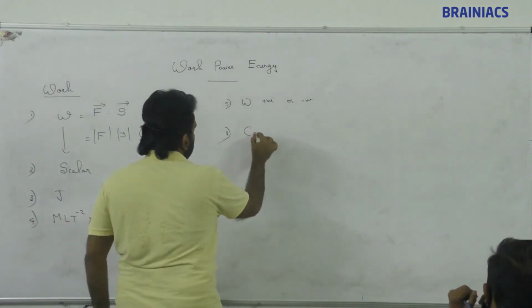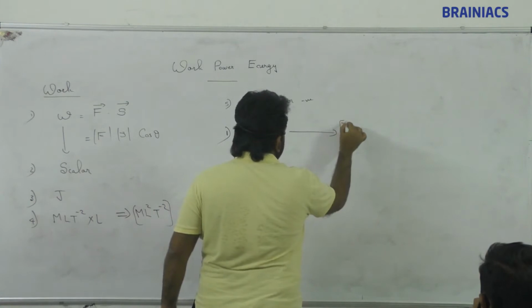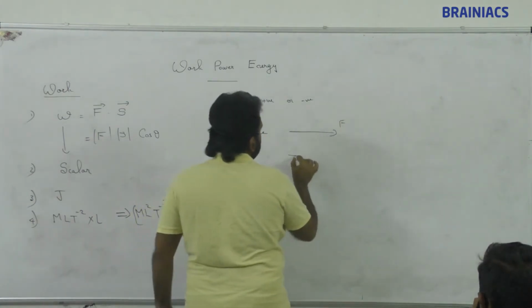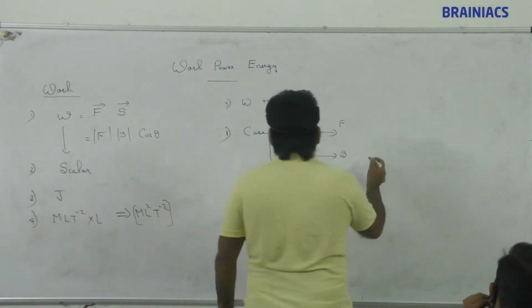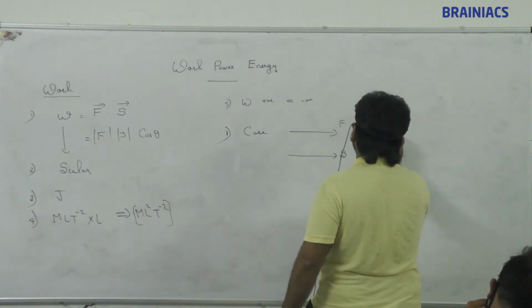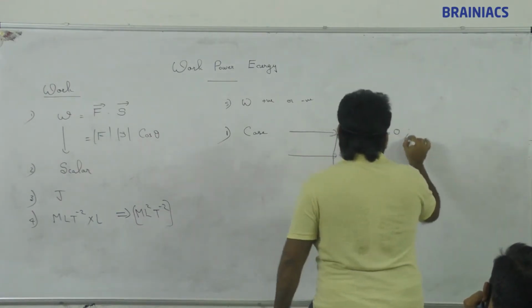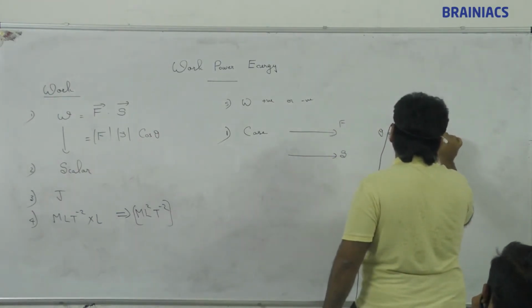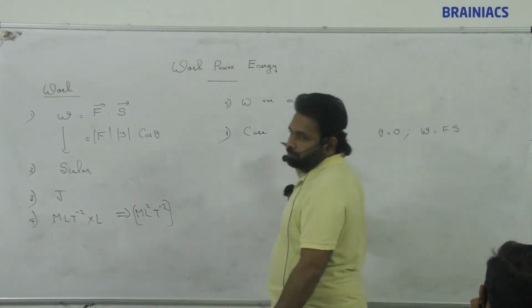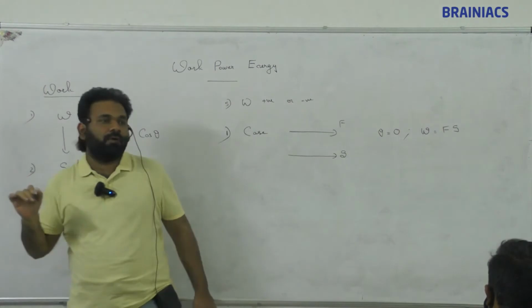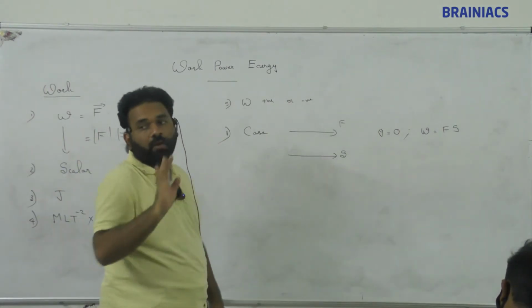Suppose in this case F is acting in this direction, and displacement is also in this direction, then what is the theta angle between force and displacement? 0. We will be getting work is equal to F into S. Work is equal to force into displacement is only for this case alone.